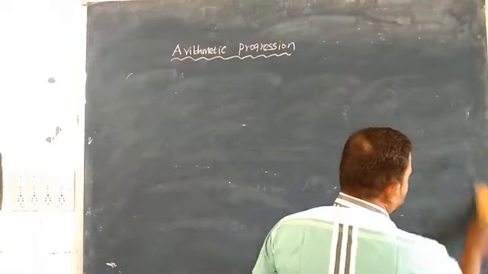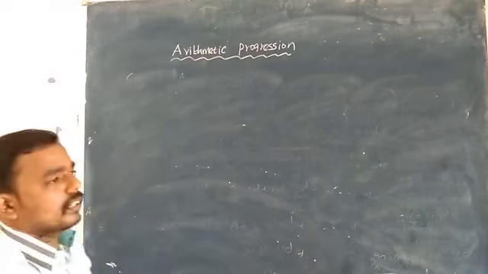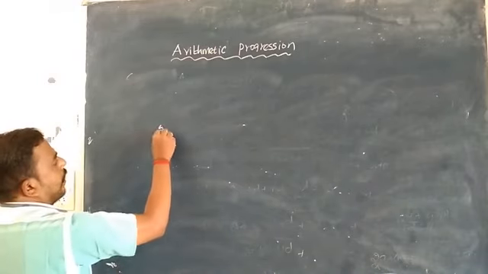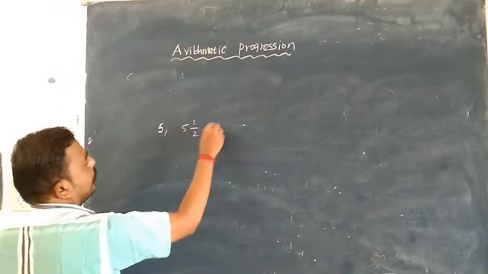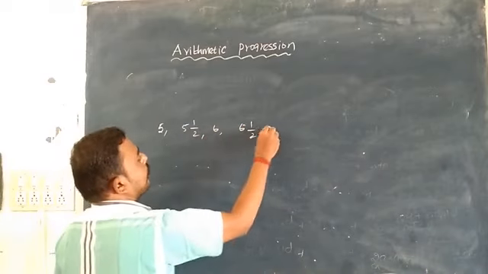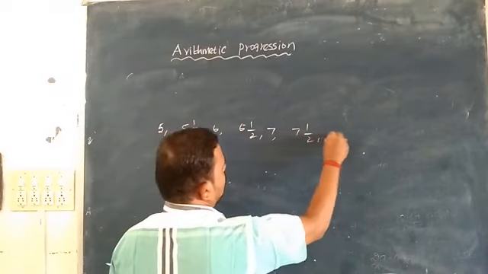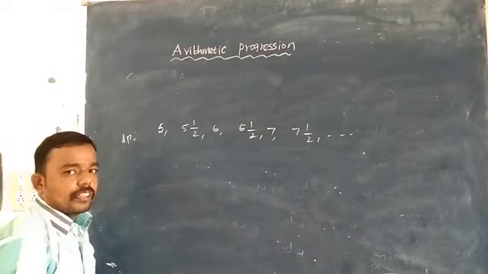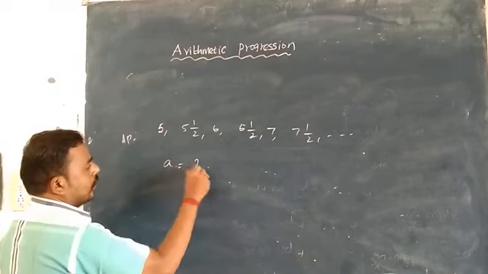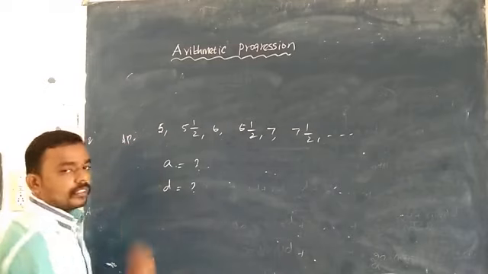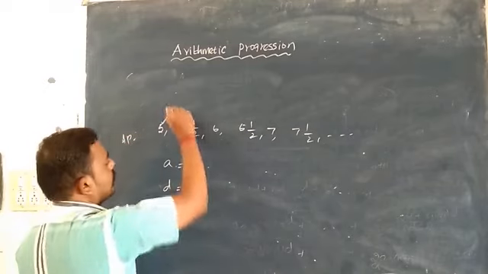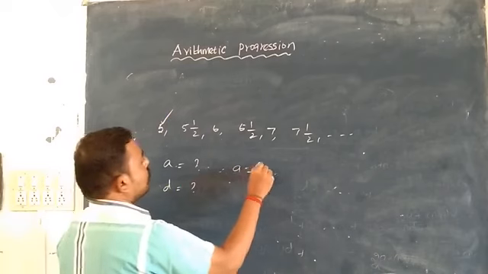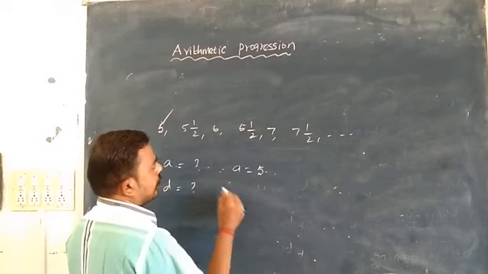Suppose example 1 is given: 5 1 by 2, 6 1 by 2, 7 1 by 2 and so on. It's an AP given like that. Then what is A and what is D? A equal to the first number, therefore A equal to 5. D we need to find.